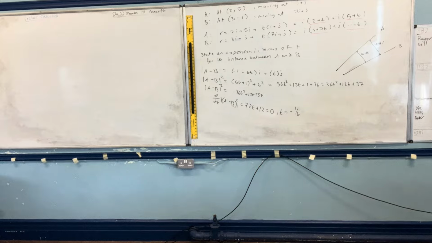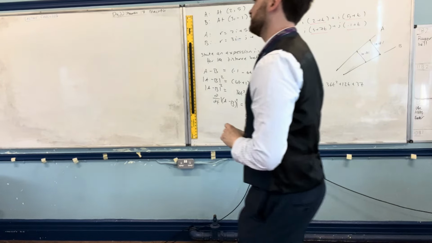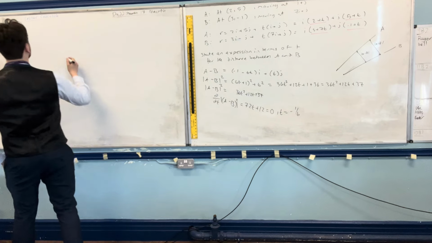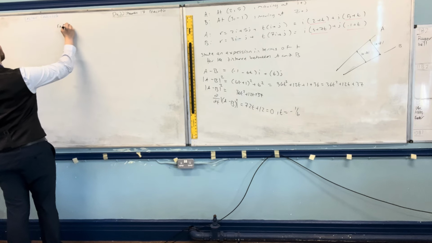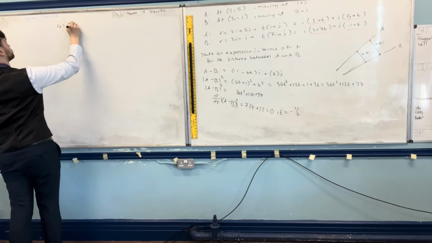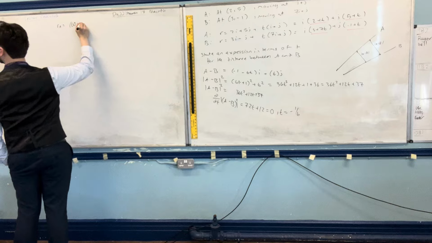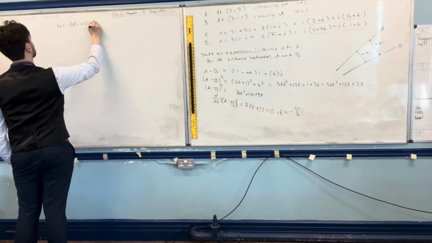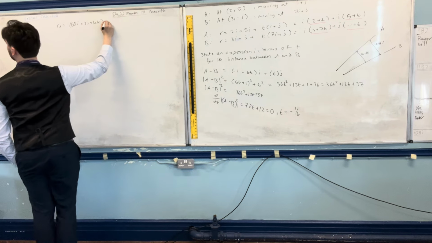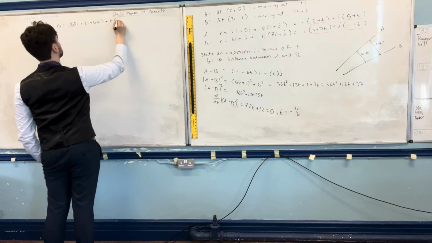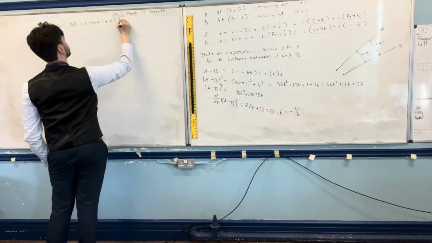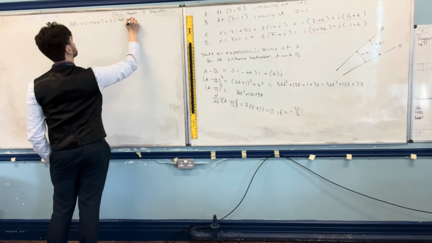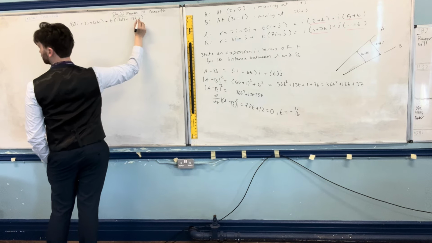So I'm going to get started with part A. So r sub A is equal to 60i plus 2j plus 4k plus t times 168i plus 132j.